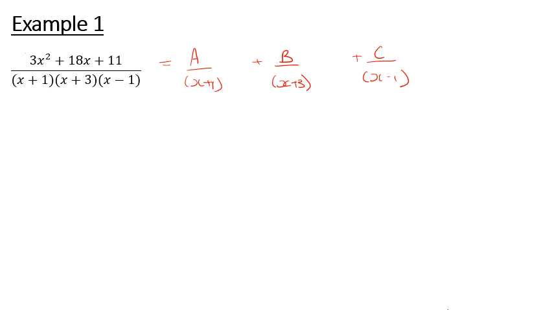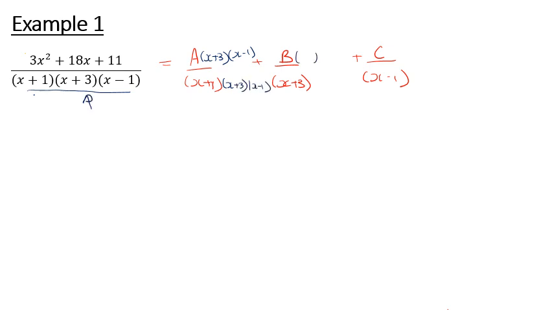Next, if we try to make each of those fractions have the same denominator as the original question, that means we need to make sure that all 3 fractions have the same 3 brackets. This first one has got an x plus 1, but it doesn't have an x plus 3 or an x minus 1. So if you imagine writing x plus 3 and x minus 1 on the top and the bottom, that makes the denominator the same as the original one.